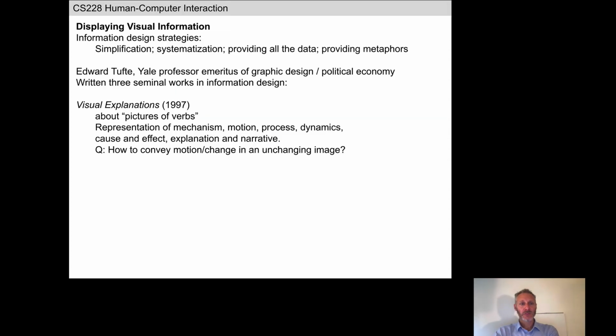Okay. Let's move on to Tufte's third book, which is about pictures of verbs, actions, or things that unfold over time. These could be mechanism, motion, process, dynamics, cause and effect. A does something and causes B to do something, which leads to explanation about why things change over time, and helps with a narrative.